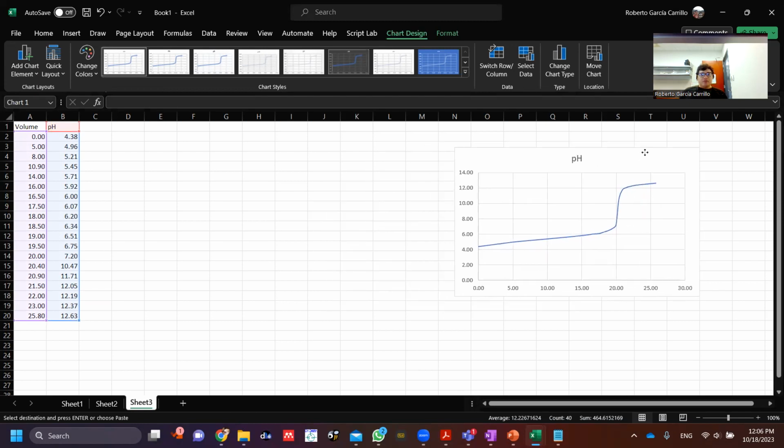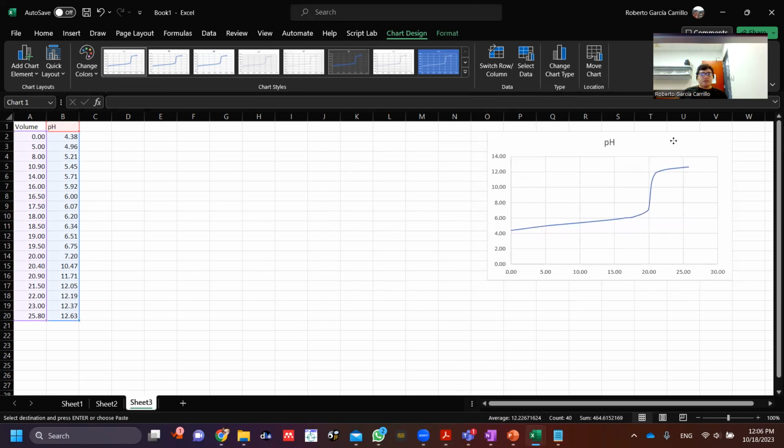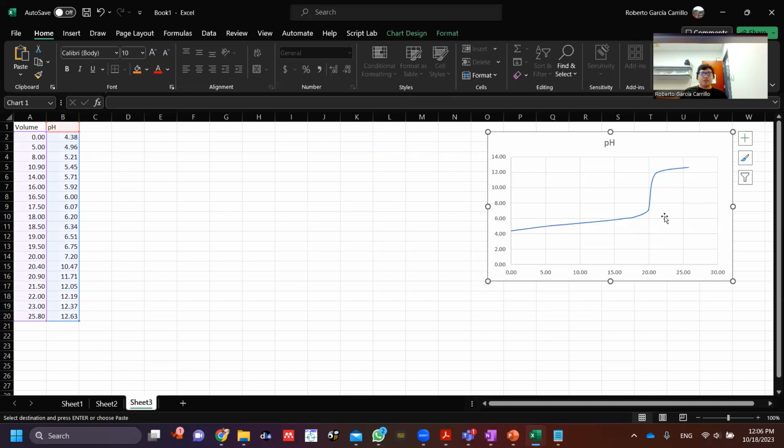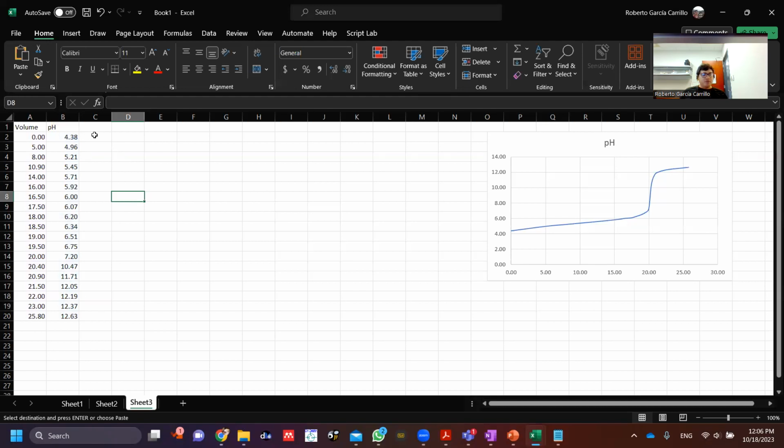So we need to do some data treatment to this raw experimental data in order to obtain the most accurate endpoints of the titration. For this purpose, we need to obtain the first and then the second derivative. To obtain the first derivative, we should have first a column which we should call the average volume, and we need to average values between these pairs of volumes.